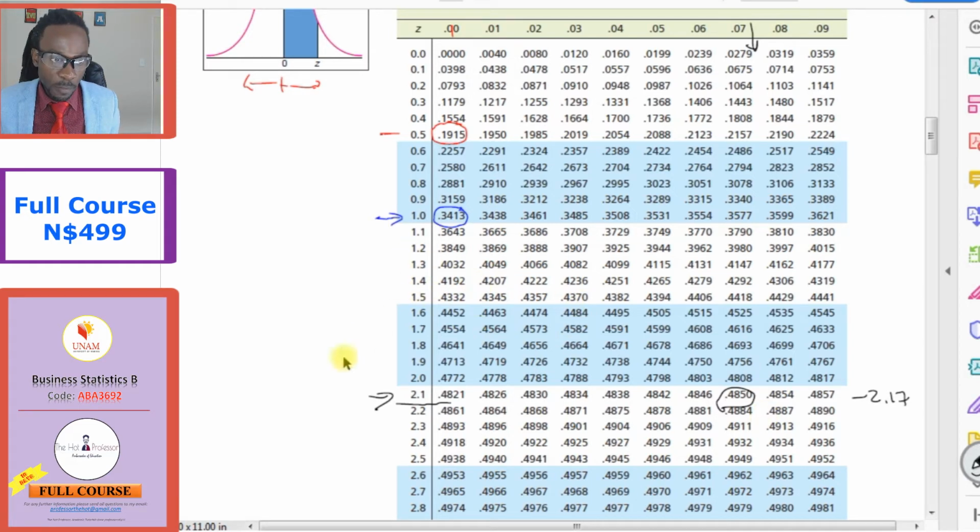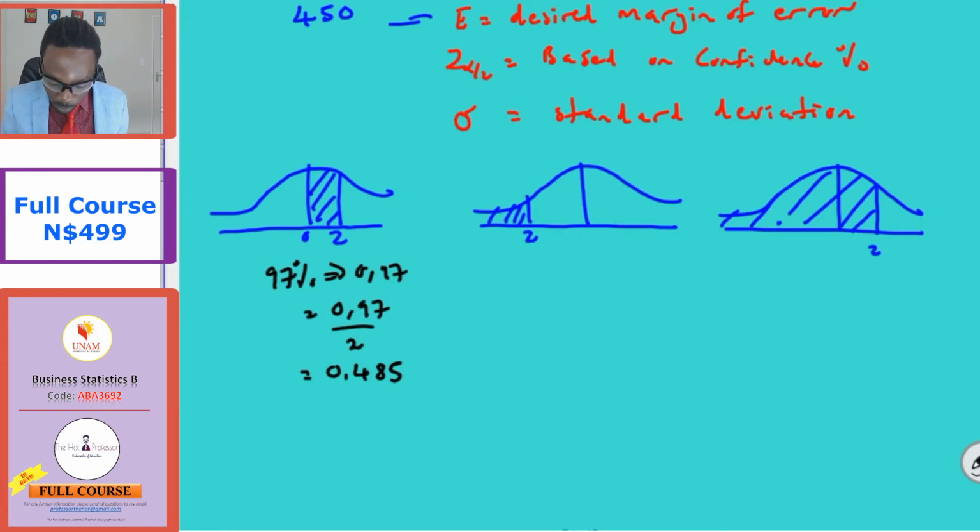That's what we are looking for. So once we have that, we know our Z equals 2.17.